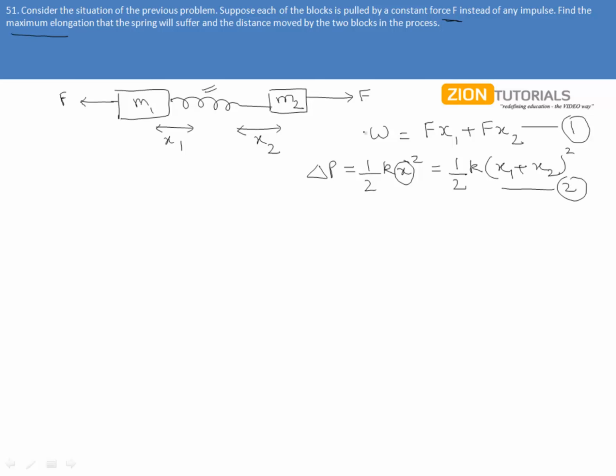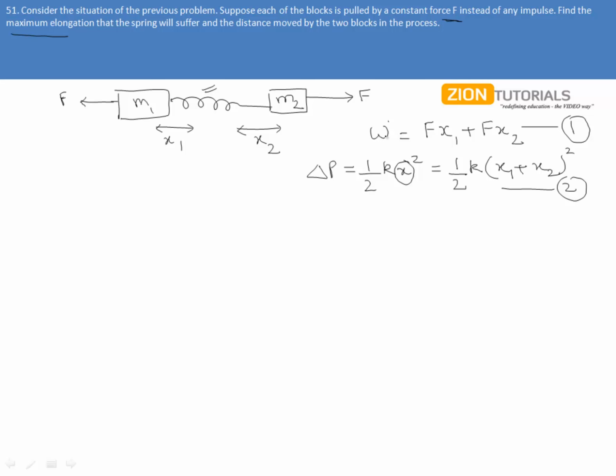Now friends, since the work has been done on these two blocks and the spring, and there is only the change in the potential energy of the spring, where this work done has gone, it has to be stored in the form of potential energy of the spring.